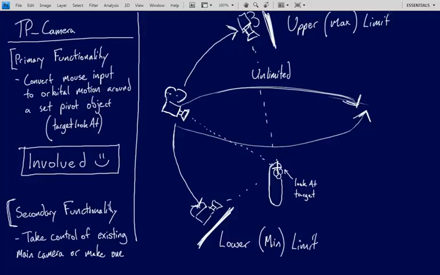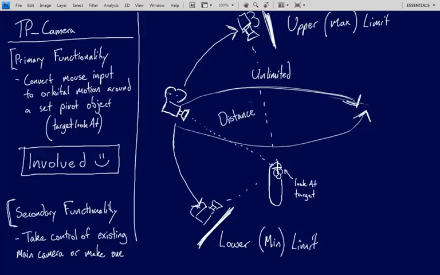Now, that's not all. I mean, we've got our orbiting ability, we've got our ability to rotate the camera up and down, we're always looking at our look at target, but we also need to adjust our overall distance to the character. Right. If you were to think of this as, say, a tetherball, where you have a rope that attaches the ball to a pole, no matter where you position that ball it's always at said distance, and it moves in a big spherical pattern, and always works on an arc.